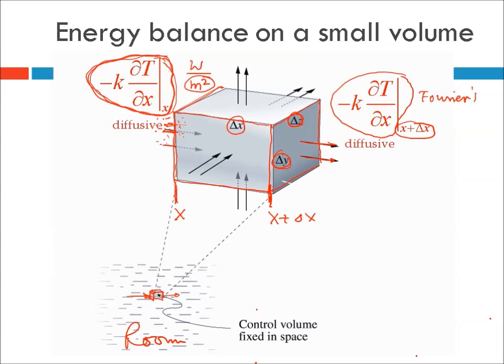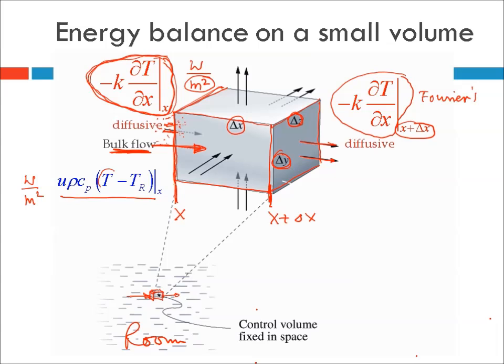Now, another way energy can come into this control volume is not because of conduction, but simply because air flows into it. Because air has some energy with it, if it flows in, it carries some energy. That's what we just did in the last slide. And we know the flux for that. We just derived this. So this is the flux, again in watts per meter square, of energy coming into this control volume simply due to bulk flow.